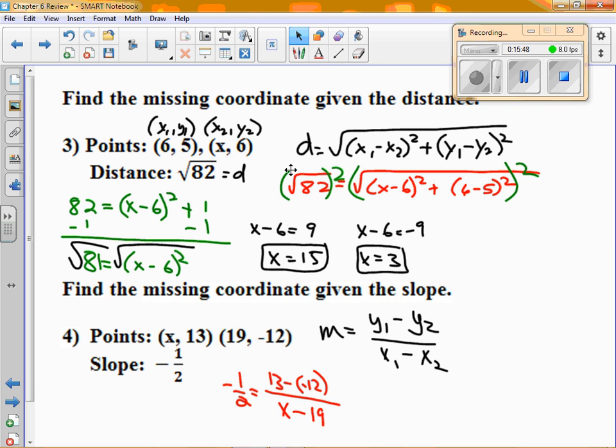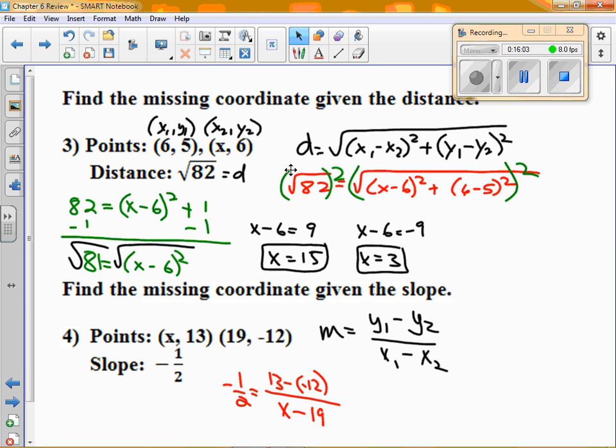So 15, watch this, 15 minus 6 gives me positive 9. Positive 9 squared is 81. 81 plus 1 is 82, and when you take the square root of it, that's where you get the r squared from.